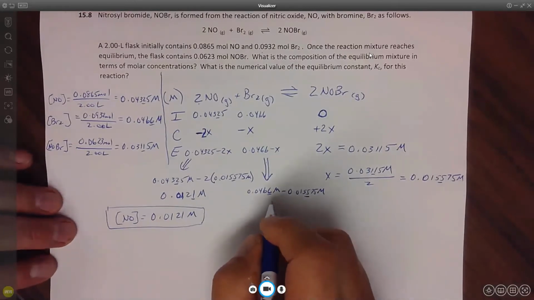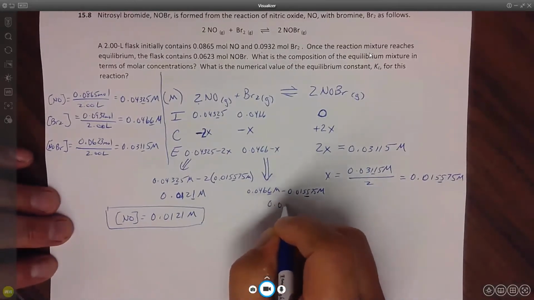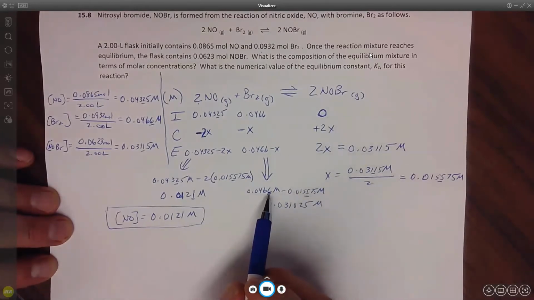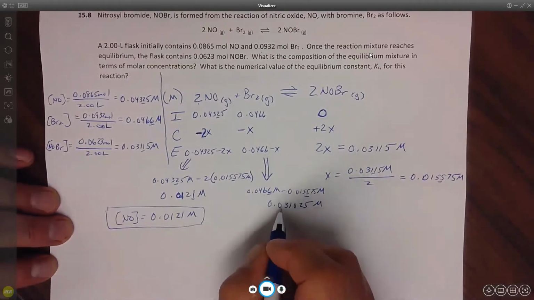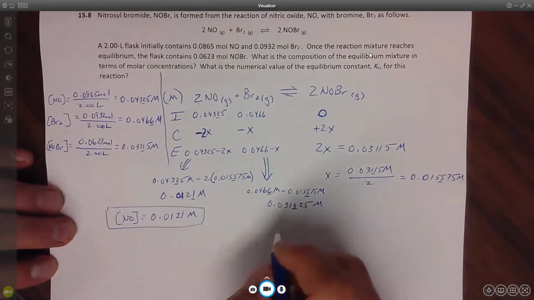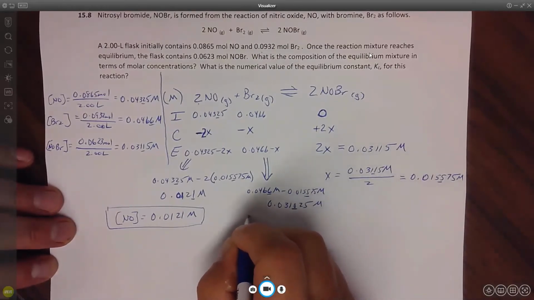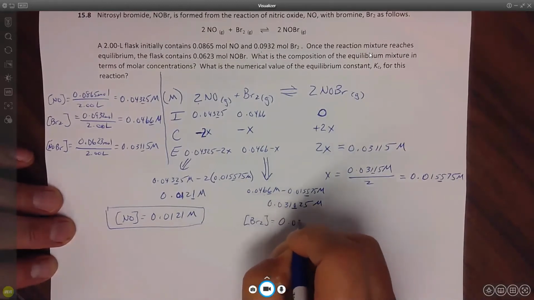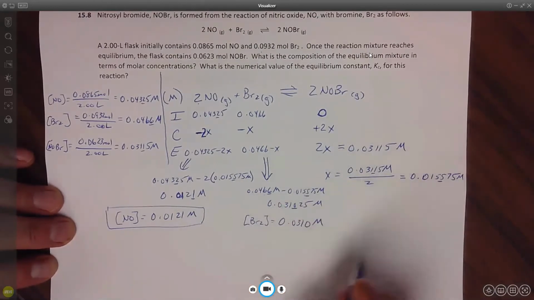That's going to give us a value of 0.031025 molar. So that means that our bromine at equilibrium is going to be 0.0310 molar.